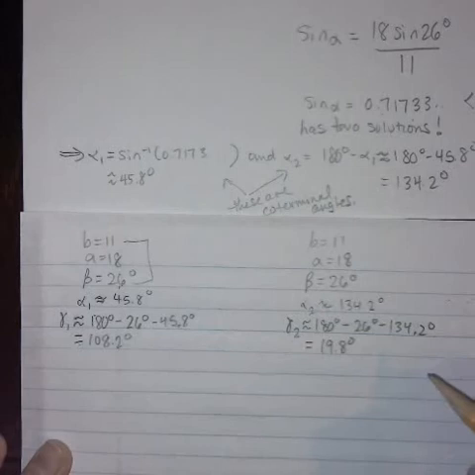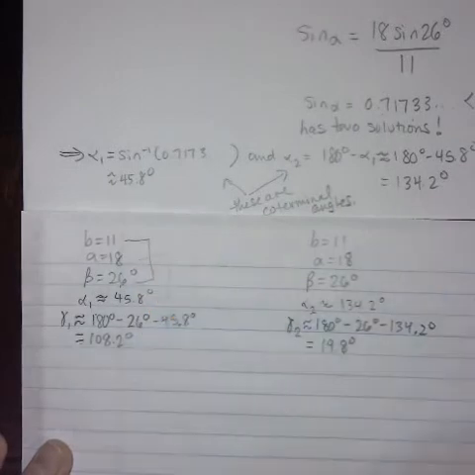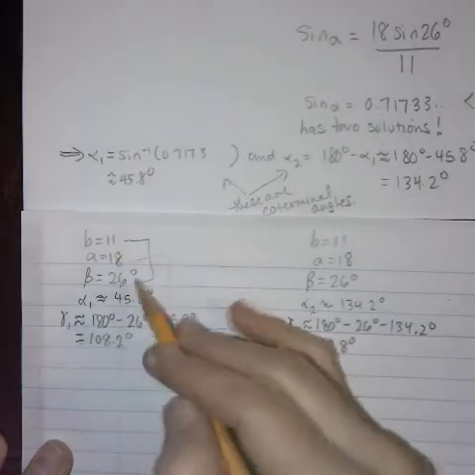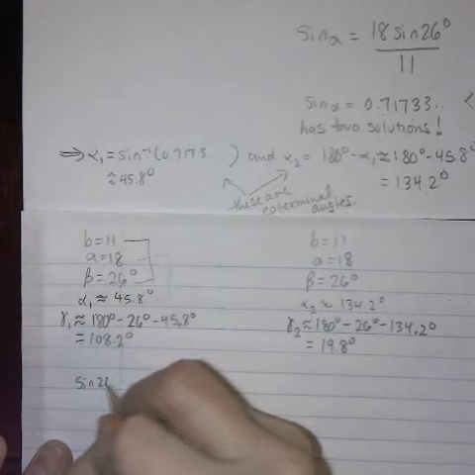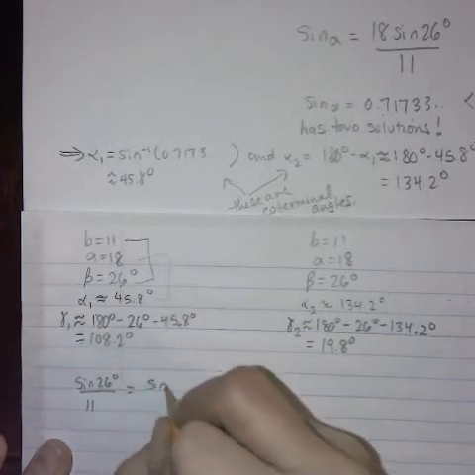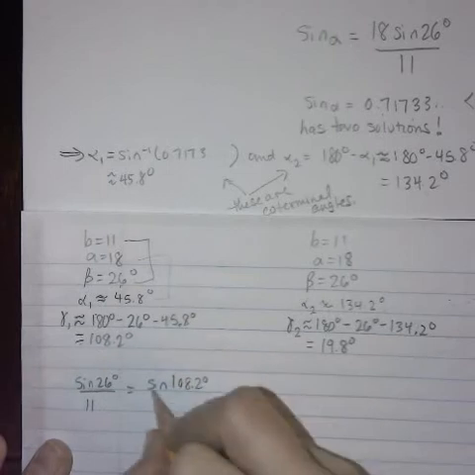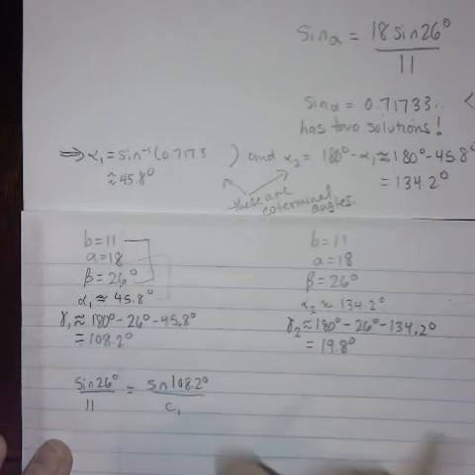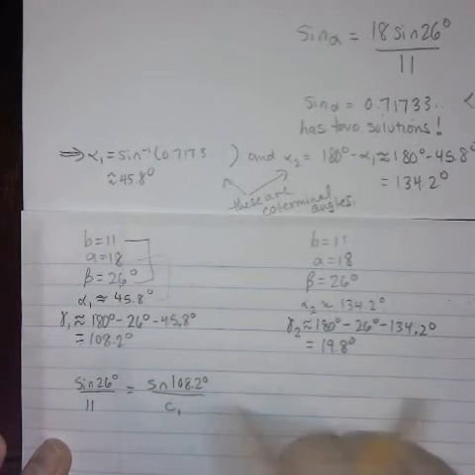Then you're not using anything you rounded, although you could use these two as your ratio. But I like to use the ones given if I can. So we have the sine of 26 degrees over 11 equals the sine of 108.2 degrees over C1. And we rounded that, so we'll get a little round off error, but that's okay.